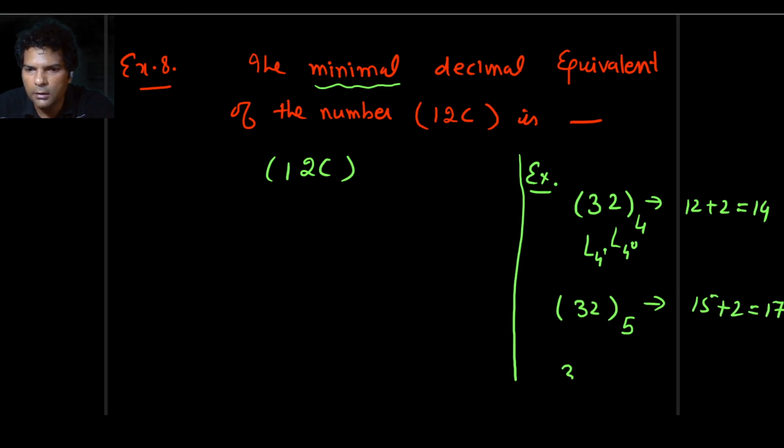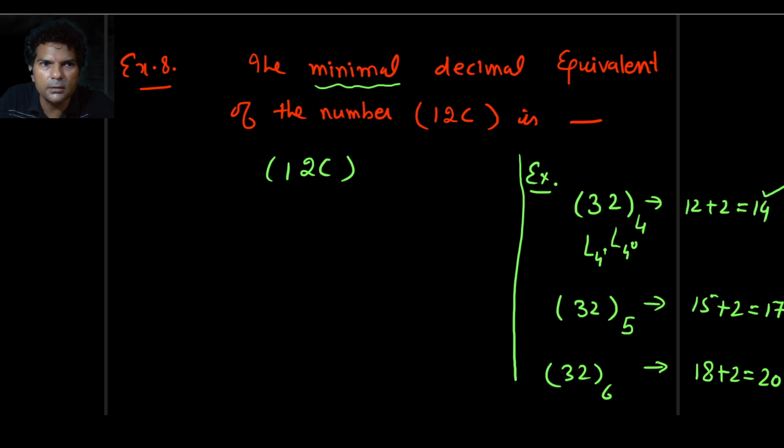Base 6 is also valid: 18 plus 2 is 20. So the minimal decimal value is 14.